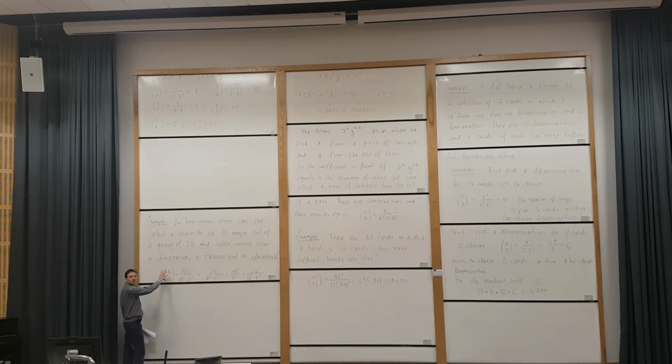So the first factor corresponds to choosing a group of 10 people out of 26, the first task. The second factor corresponds to choosing an ordered selection of 3 people out of 10. Right? So these are combinations, and these are permutations.